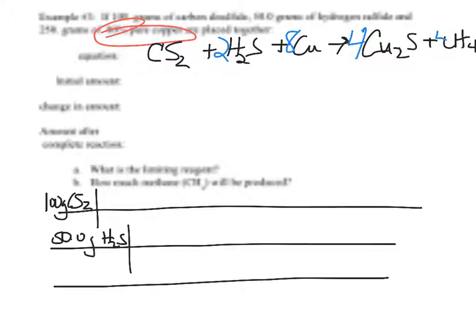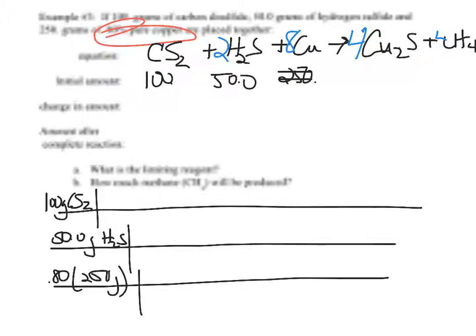So the first part of this will start out very normally, where you're going to take, this time, 3 reactants with their initial amounts. We have 100 here, we have 50 here, and we have 250 here. So all of the initial amounts will start the same except for this one. So it's not really 250 grams, so I've got to do 80% of 250 grams first to get my amount of copper.